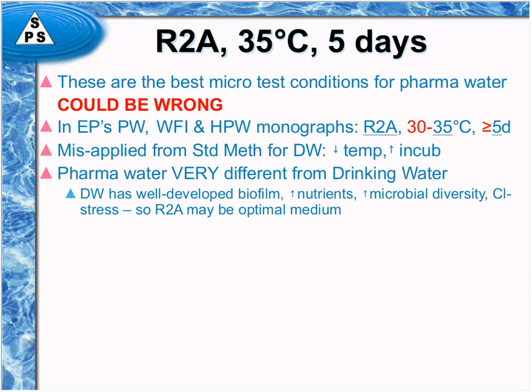They've been around for decades. You do have chlorine stress because of the chlorine floating in the water. And so R2A, which was actually designed and devised in order to recover chlorine-stressed organisms, not oligotrophs, but chlorine-stressed organisms, is probably the optimal medium for drinking water.